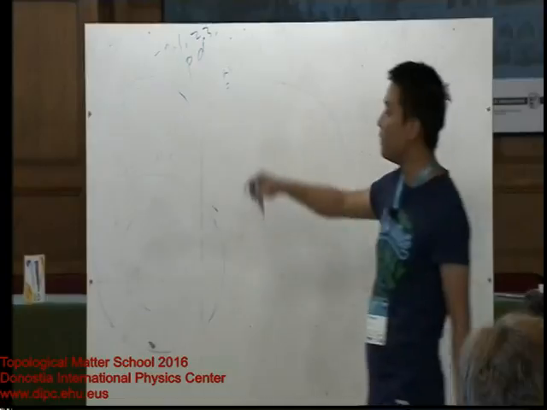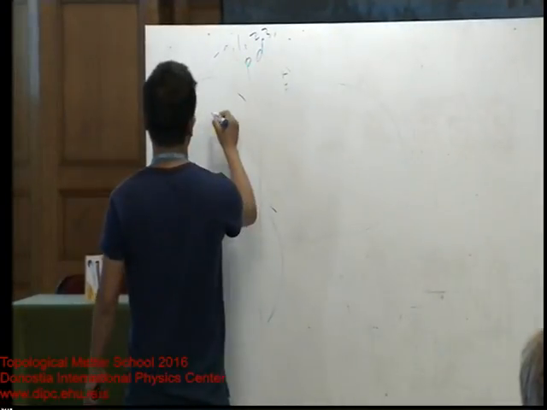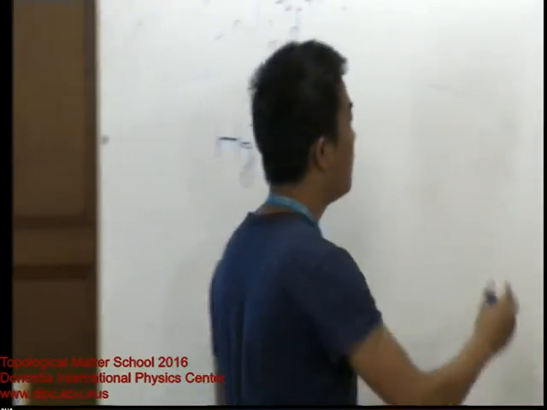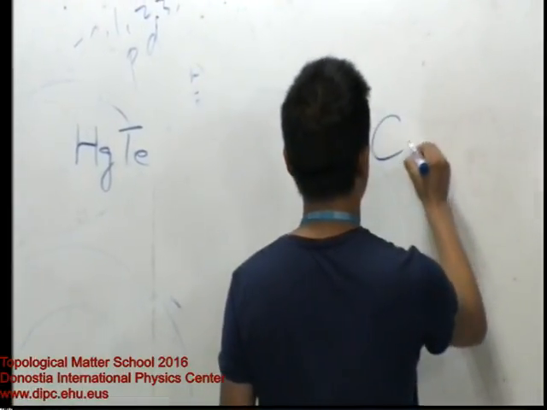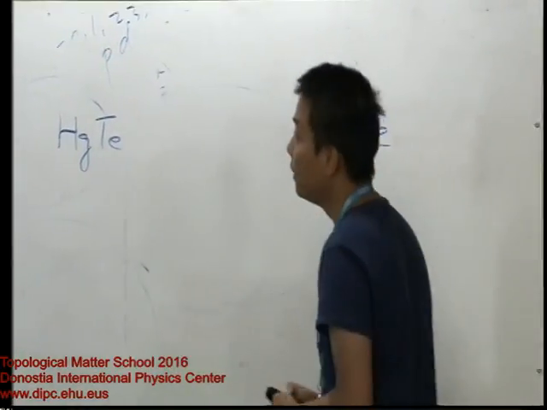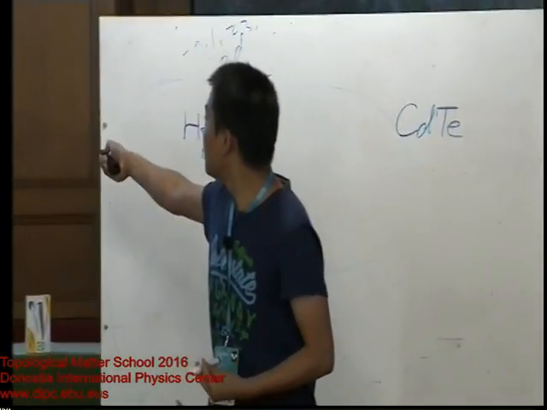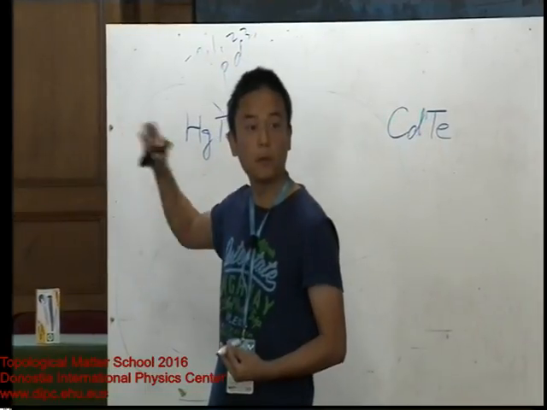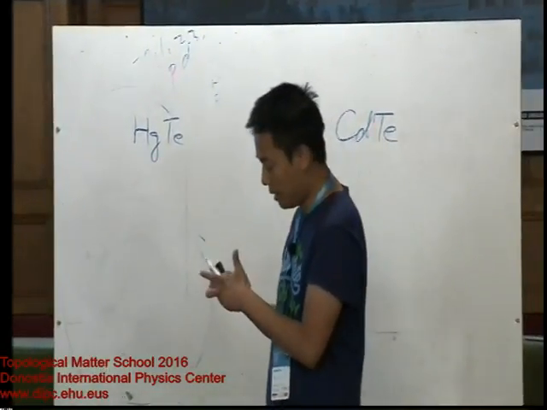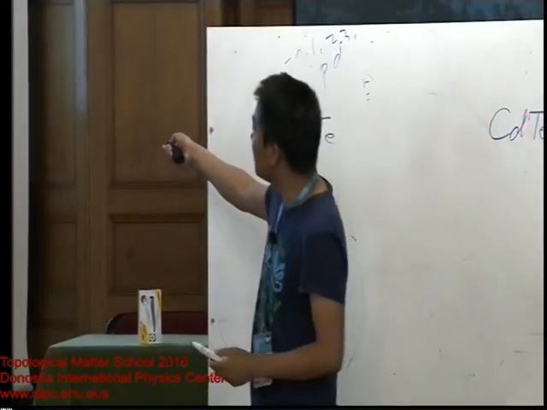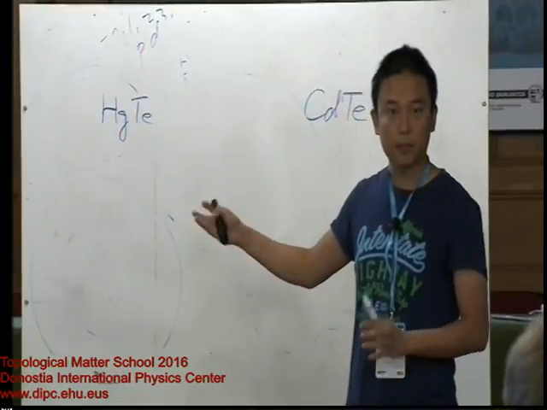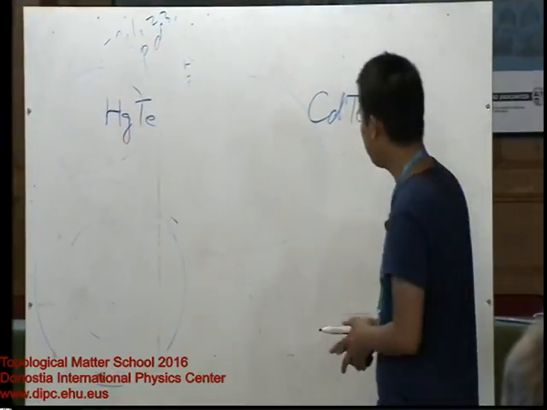Let's see here, I will mention this material, mercury telluride. And maybe it's better to compare with its partner cadmium telluride. Where is cadmium? Cadmium is here, just one column above mercury. It has the same valence electrons, however it's much lighter.